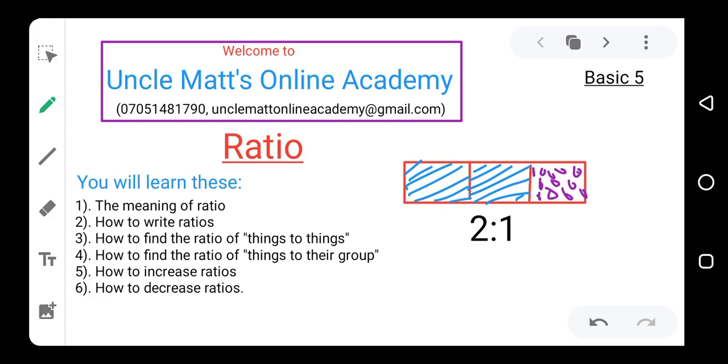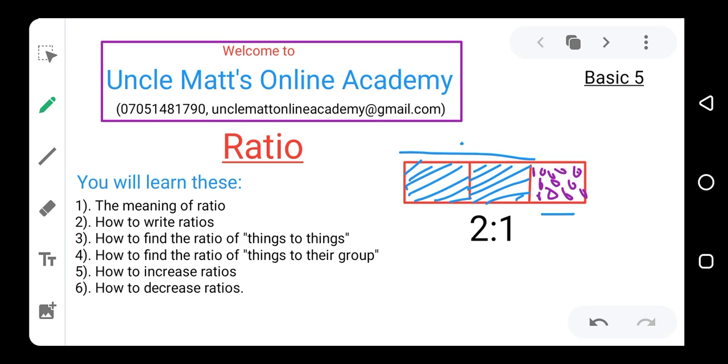So this diagram here shows us what ratio is really all about. We are comparing things. This is a ratio of 2 is to 1. So this is showing us that in this diagram, or if this is a piece of something, we have two parts of it, then one part of it is this, comparing the parts of a thing.